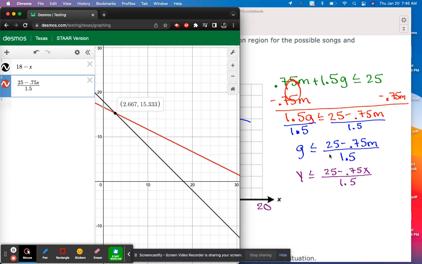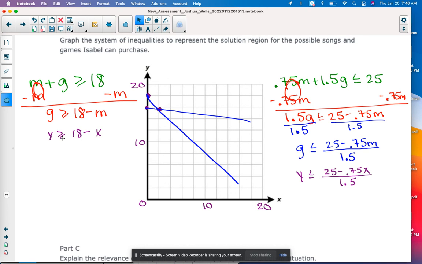So keep in mind that the first equation we graphed was 18 minus x. So with 18 minus x, the black line, it was greater than or equal to, so we had to shade above. I had to shade above here.